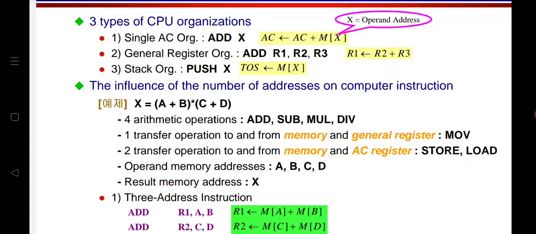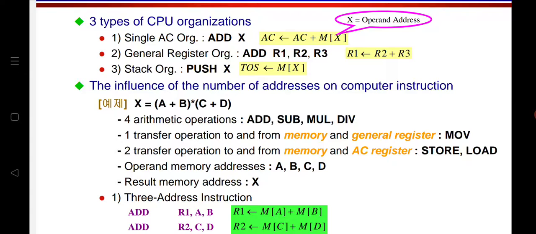Coming to the next part, the influence of the number of addresses on the computer instruction. How many addresses are there in a given instruction is very important. Let us take one small example: X = (A + B) * (C + D).